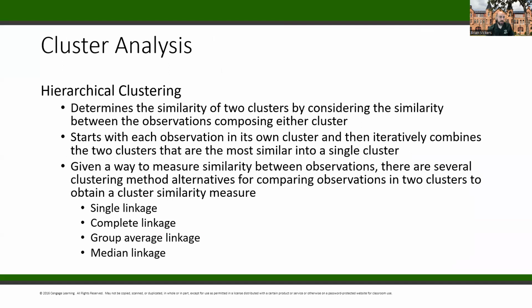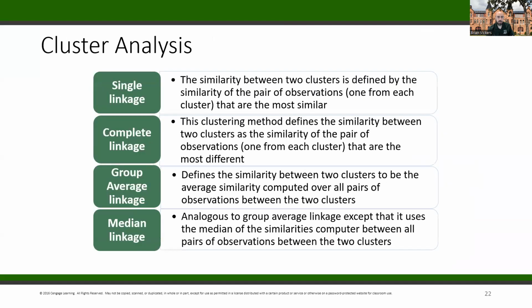Okay, so let's talk about ways things are linked. I'm going to just skip right to the next slide, and I'm going to skip back and forth between this slide and the next one as I show you an image that gives an example. If you're looking at the similarity between two clusters defined by the pair of observations most similar, that's called single linkage.